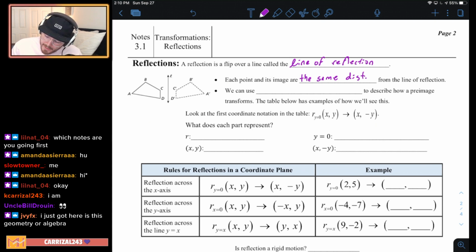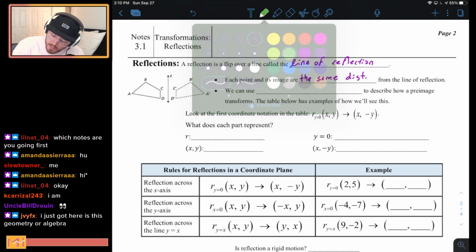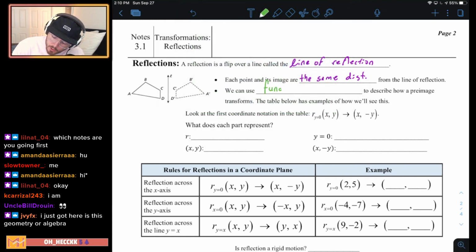We can use transformation notation to describe how a pre-image transforms. Sorry, I was trying to remember what I wanted my blank to be. Let's call it transformation notation. My apologies.